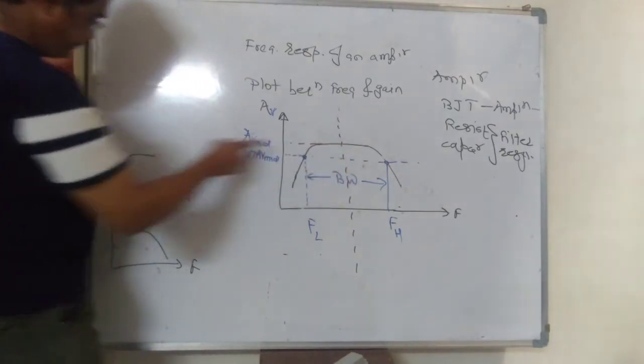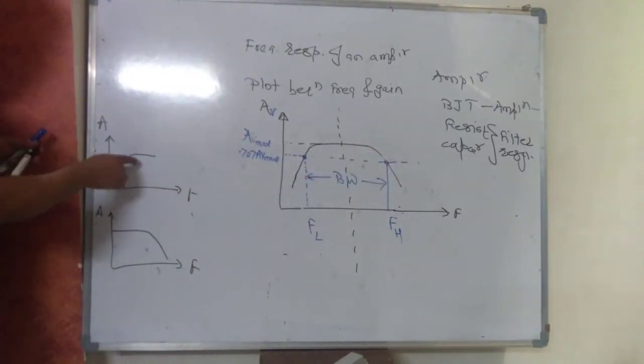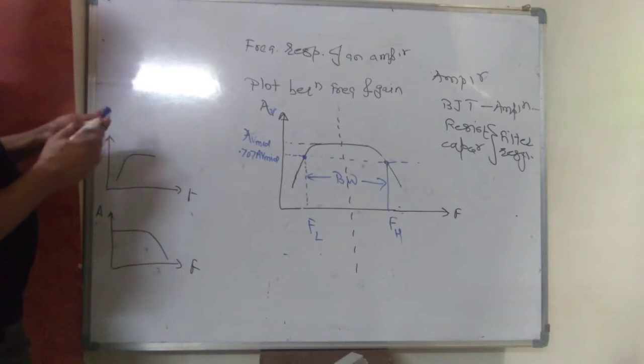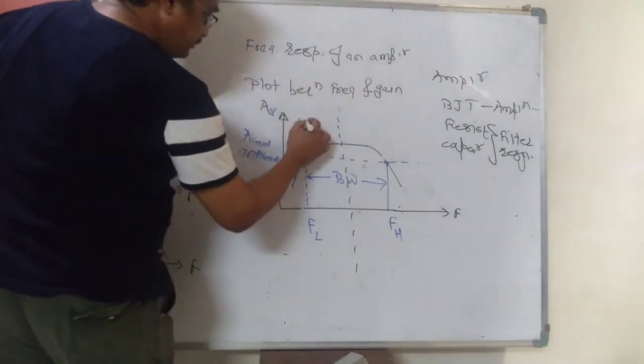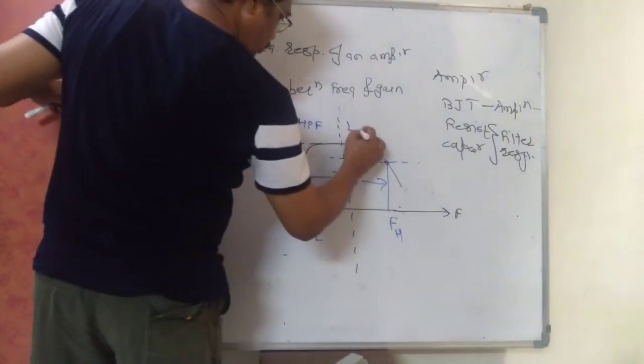This half, the left hand side, is known as high pass filter response, and the right side is known as low pass filter response.